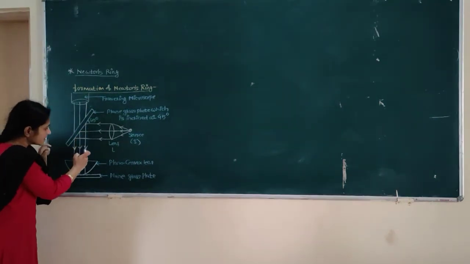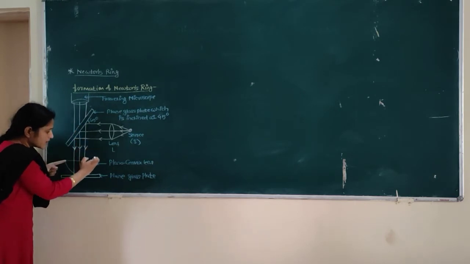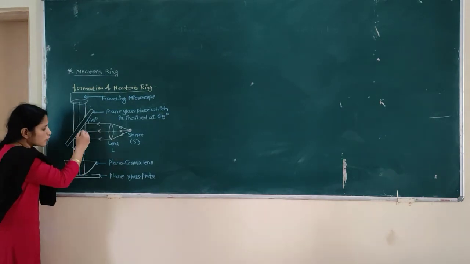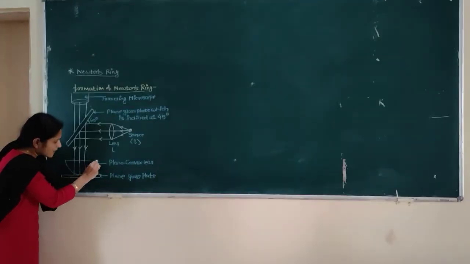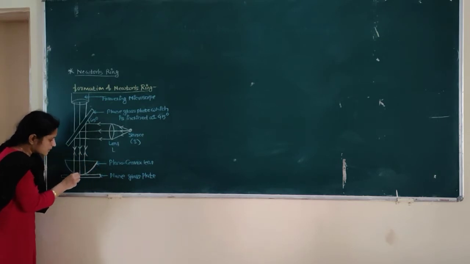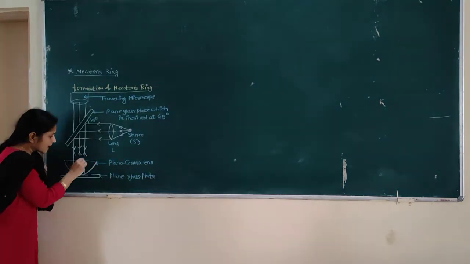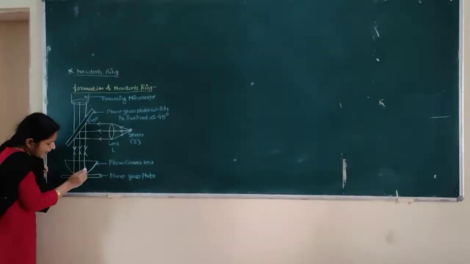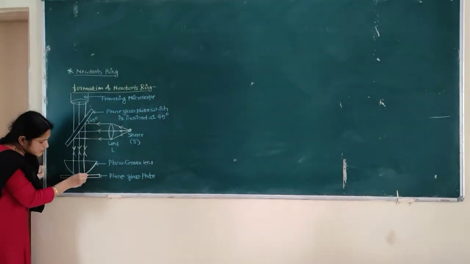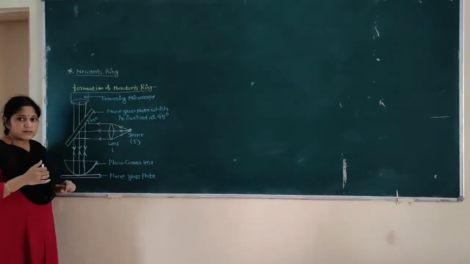So when this reflected light is made to incident on this plano-convex lens, then a part of that light is reflected back from the curved surface of the plano-convex lens, and a part of light is reflected back from the plane surface of the plain glass plate.